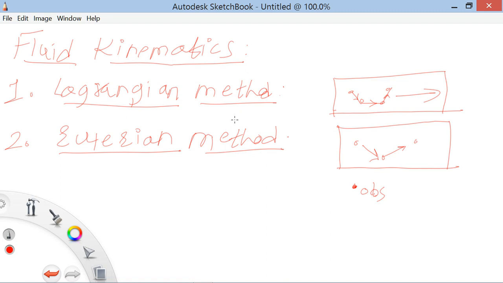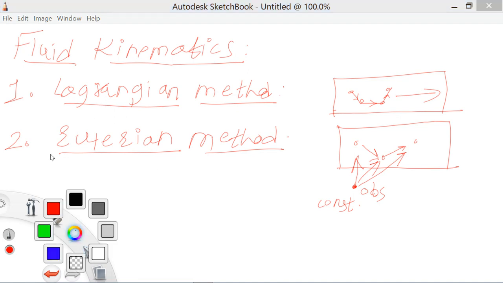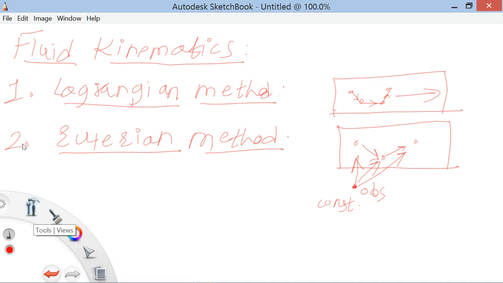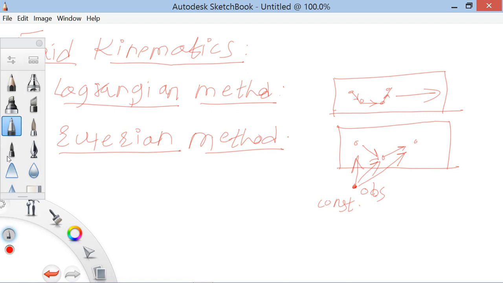Suppose this observer is there, it will remain at a constant location and observe these things. So this type of system is there in the Eulerian method. I hope you understood these two different methods and their significance.